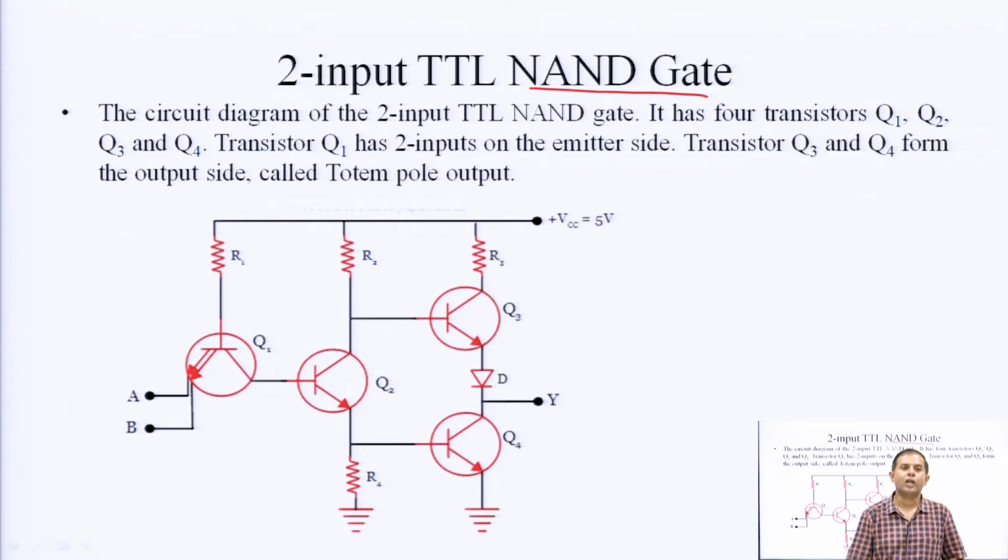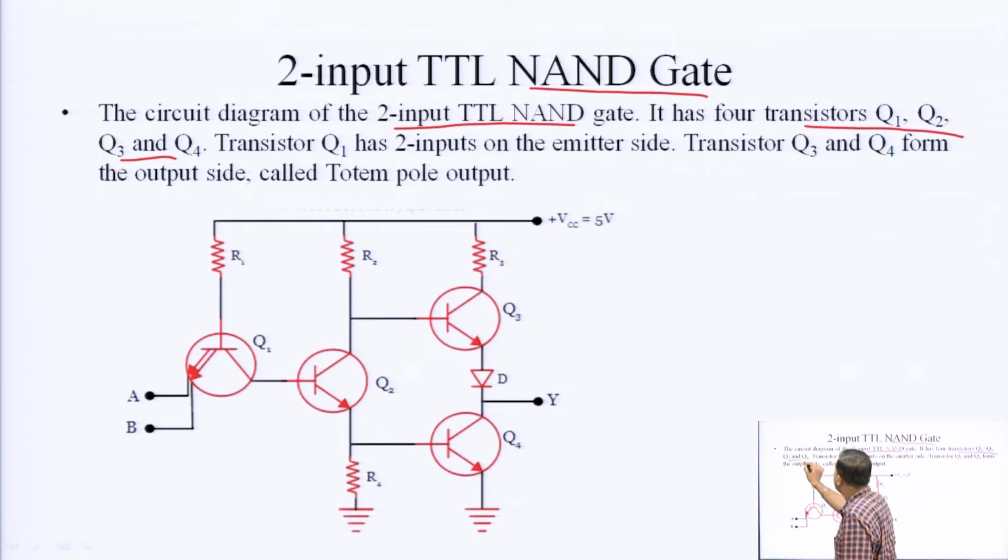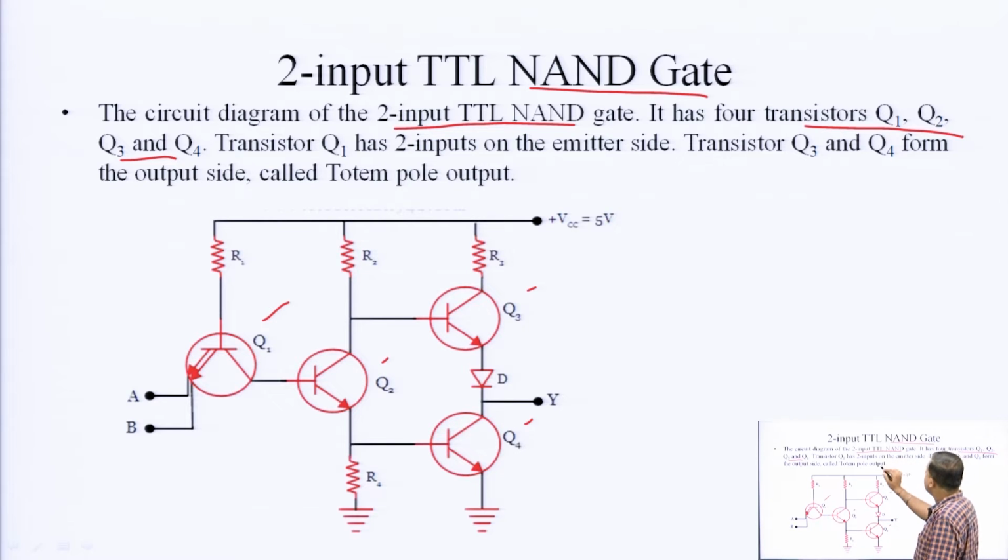You can see from the diagram, it is a diagram of a 2 input TTL NAND gate. It has 4 transistors Q1, Q2, Q3 and Q4. Transistor Q1 has 2 inputs.